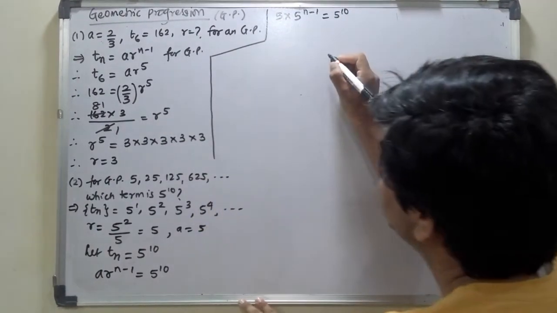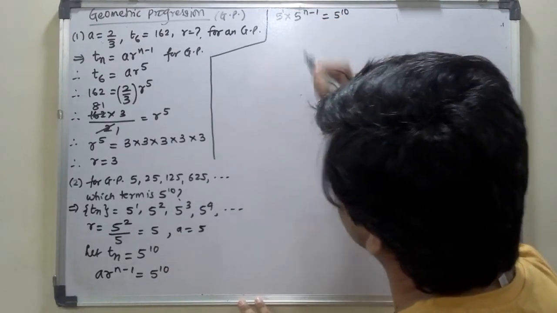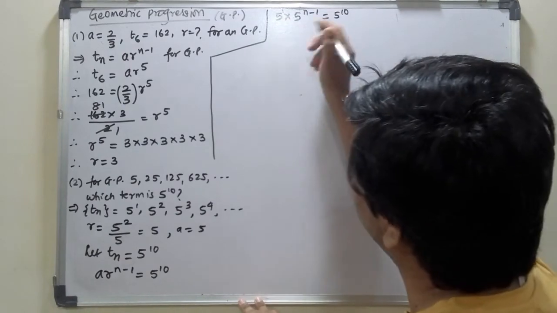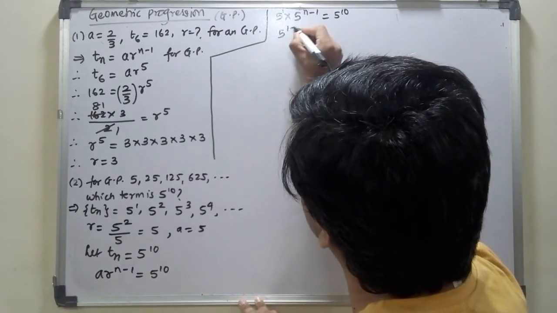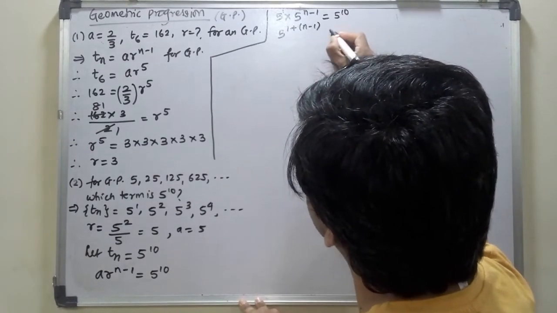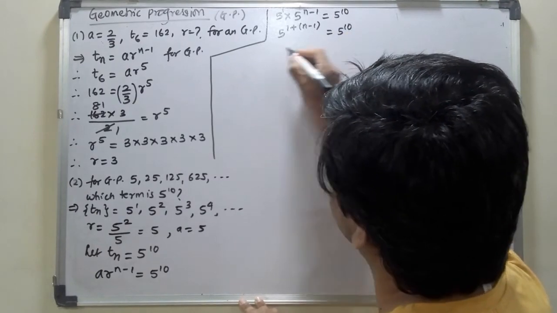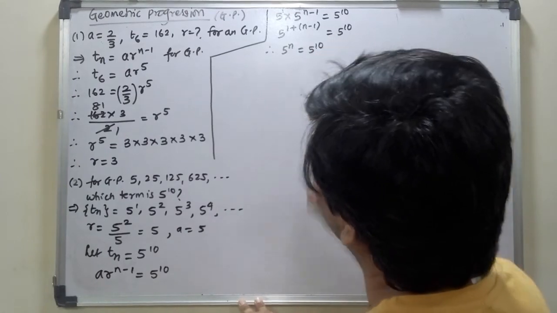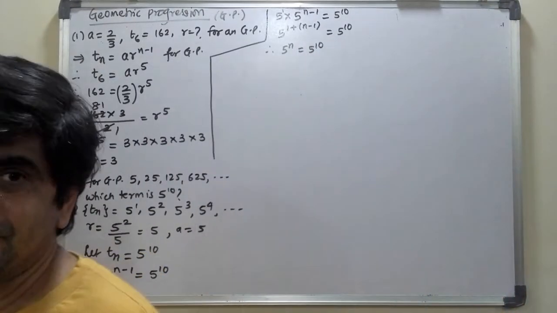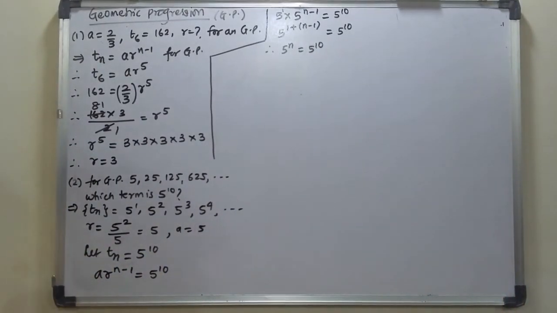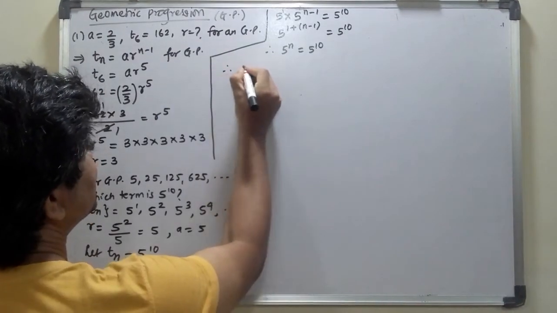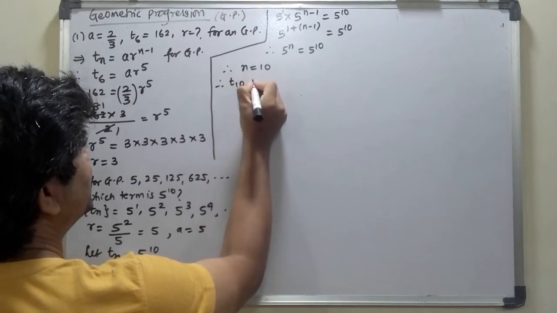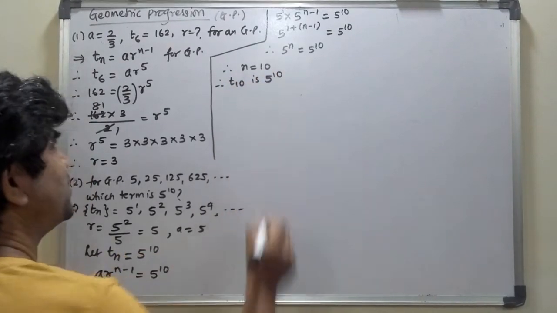Agreed? Now you can see here this power is also 1. The base is the same, so the indices will be added: 5 raised to 1 plus n minus 1 is 5 raised to 10. So you get 5 raised to n is equal to 5 raised to 10. Agreed? So on comparing, you can see here n is equal to 10.